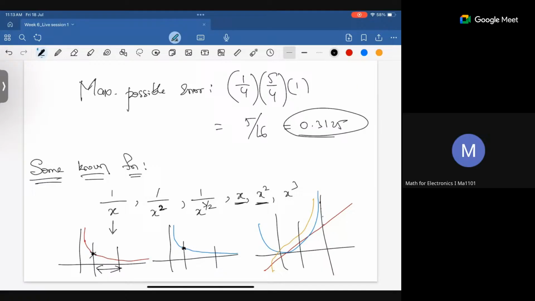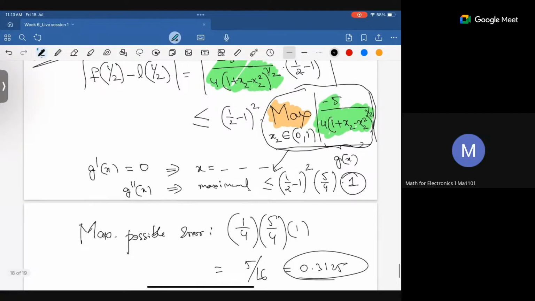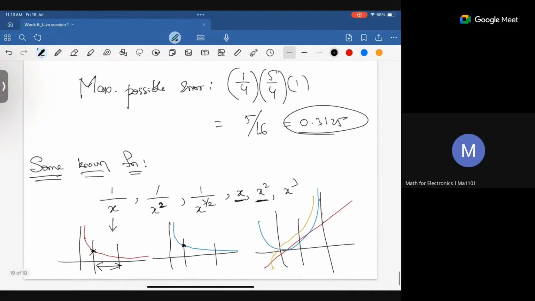You should not take the case 0, 1. If it is 1 comma 2, then it attains the maximum value at 1. So you don't need to do the f prime, g prime equated to 0 and then the double prime. You don't need all these things. Just intuition is sufficient.